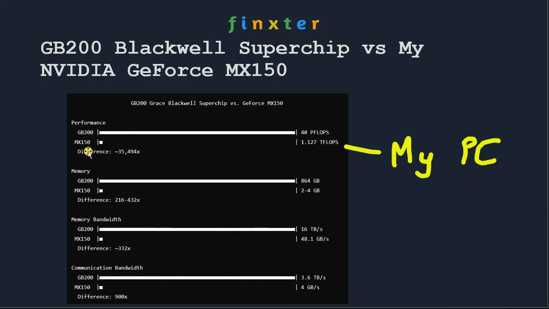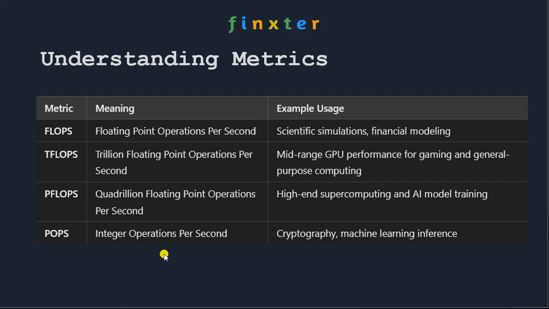If you check out your Nvidia MX150 that you might have in your own PC, it has like 1.127 teraflops. Maybe I have created this metric table here where you have FLOP. What does it mean?